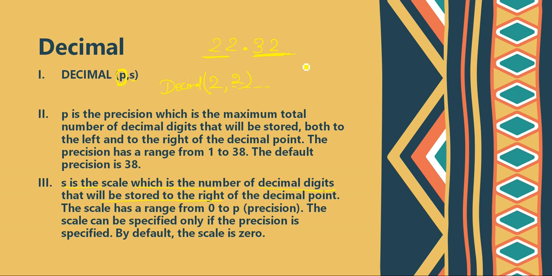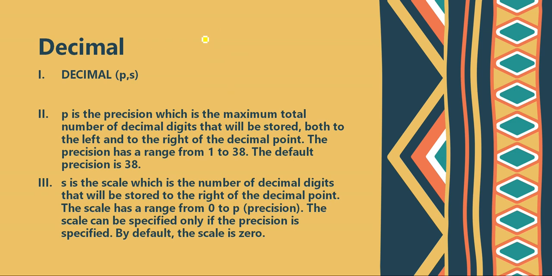The default: if I just create decimal and pass nothing inside the parameters, it is going to store 38 by default. So the length of the decimal value we can decide.